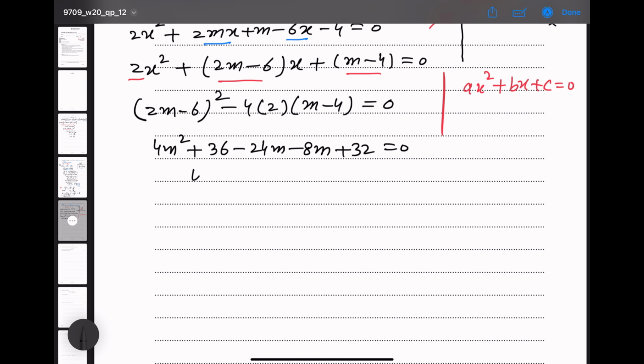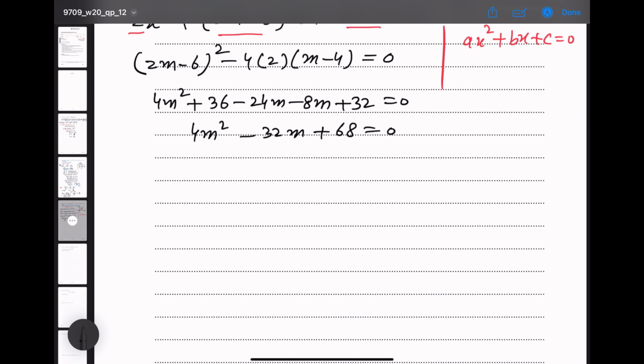Further simplifying, we get 4m square minus 32m plus 68 is equal to 0. All these three terms are multiples of 4, so we can divide each side by 4. This becomes m square minus 8m plus 17 is equal to 0. This is a quadratic equation in m.